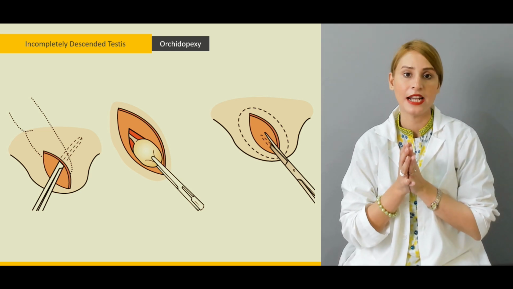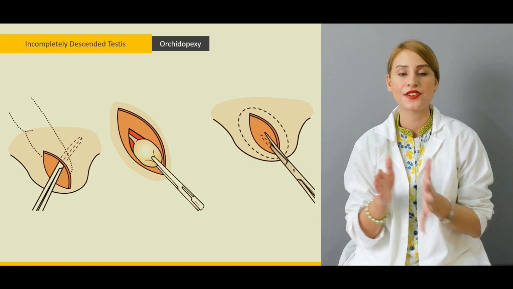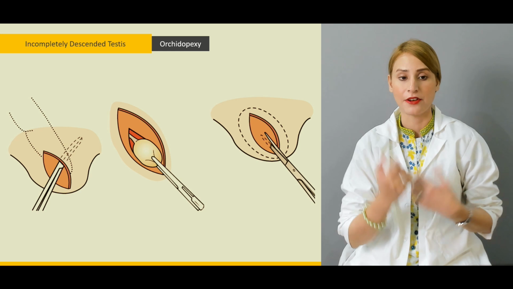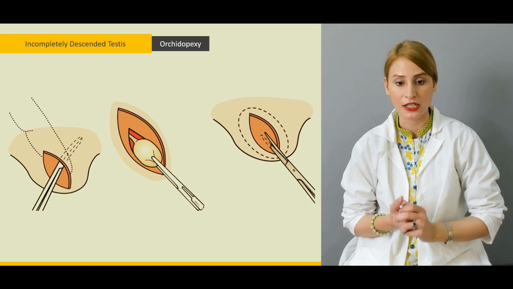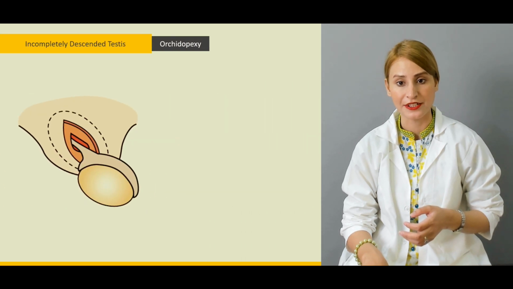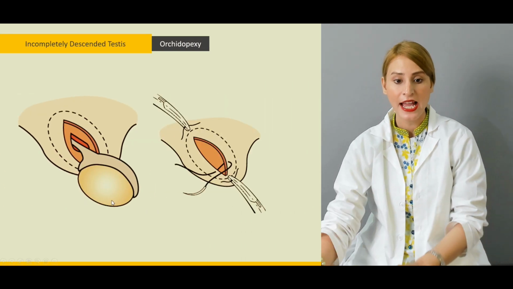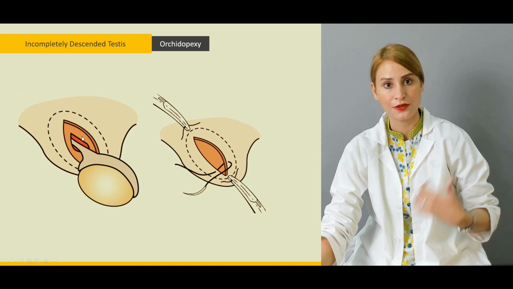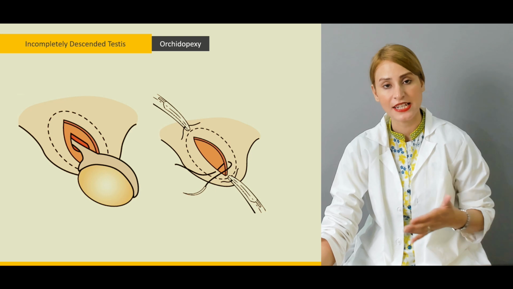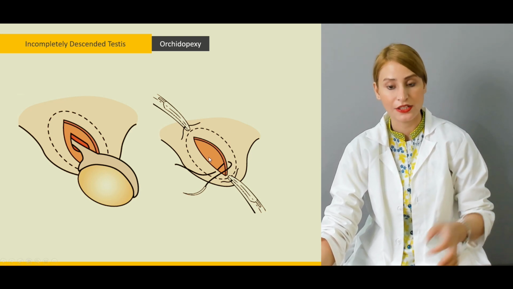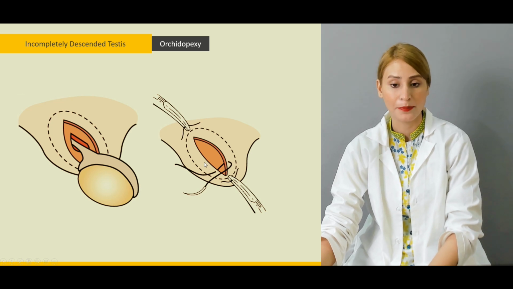So this is the orchidopexy, which is usually performed in case of UDT, and if there is an associated hernia, that is also treated by herniotomy. This is the inguinal incision you do in the groin region. You separate the testes from the rest of the structures, give another incision, then close both incisions and bring down the testes into the scrotum.